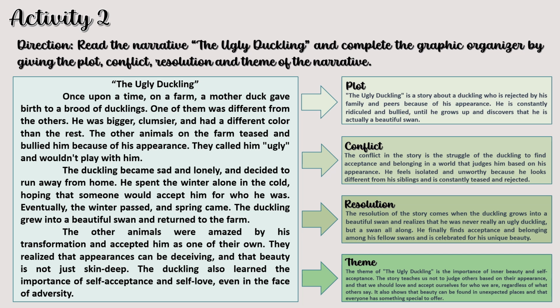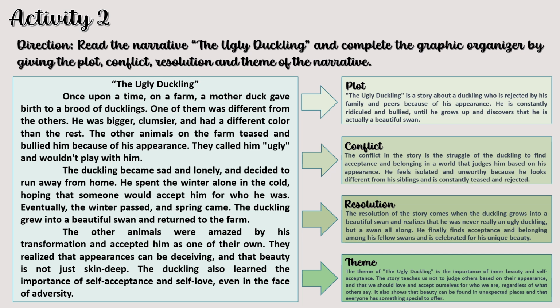The conflict in the story is the struggle of the duckling to find acceptance and belonging in a world that judges him based on his appearance. He feels isolated and unworthy because he looks different from his siblings and is constantly teased and rejected.